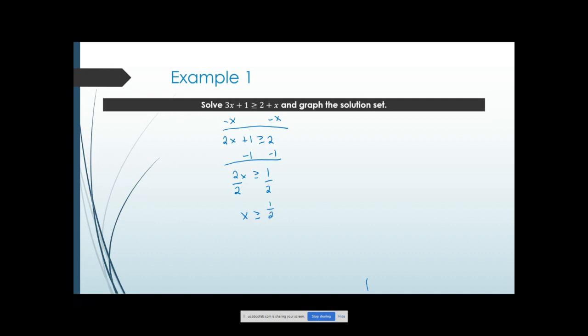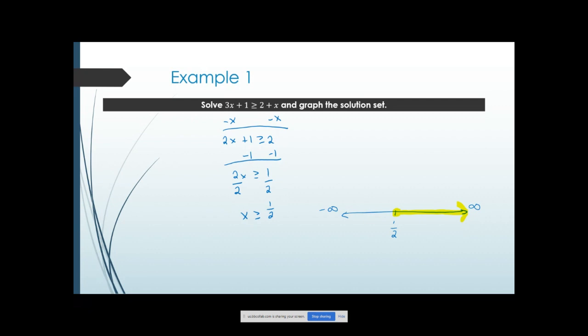So if we look at this as a graph, I'm going to just put a number line here. I'm going to just put 1/2. And I have infinity and negative infinity. If we are greater than or equal to, so we're greater than, so everything to the right is greater than 1/2, and we can be equal to 1/2.